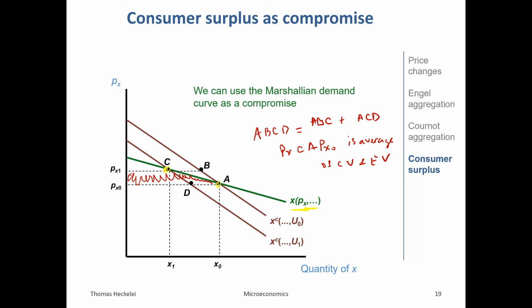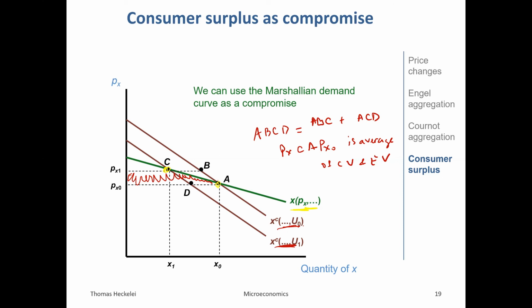So because of that, it's somehow a middle ground to avoid us making the decision whether we should choose the new or the old compensated demand function for our analysis.